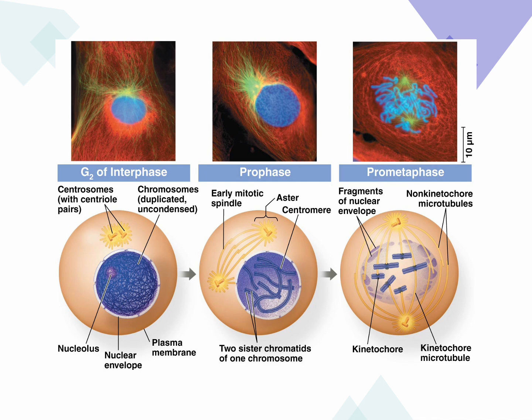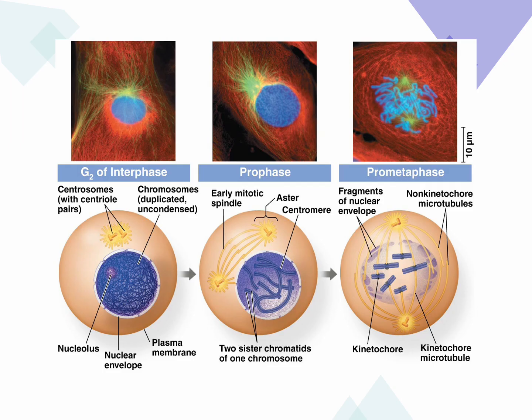Okay, so the stages of mitosis. Let's do this. Remember, DNA has already been replicated and the cell has gotten big enough, and now it's going to undergo mitosis. And during that G2 stage of the cell life cycle, during interphase, you're going to start to see the nuclear envelope start to dissolve.